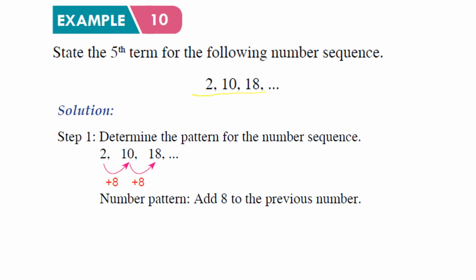Okay, the solution, step 1, we need to determine the pattern for the number sequence. Okay, 2 plus 8 equal 10. 10 plus 8 equal 18. So, the number pattern is add 8 to the previous number.